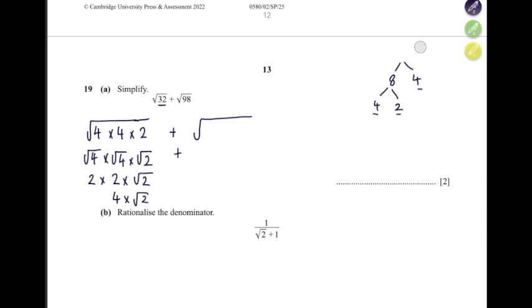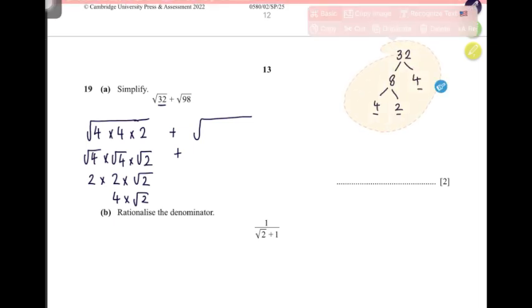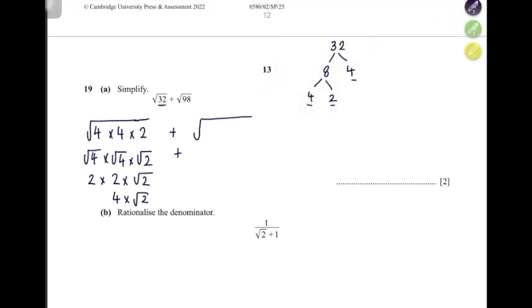What about 98? Actually, we can leave this here. Let's try to find 2 and 49. 2 times 49 is 98. Now 49 is 7 into 7, so it can be done.